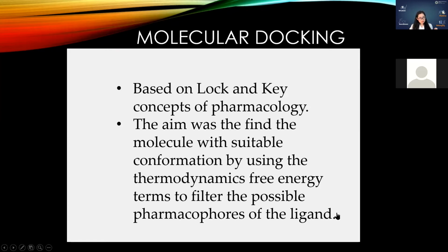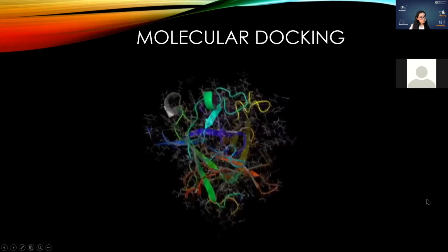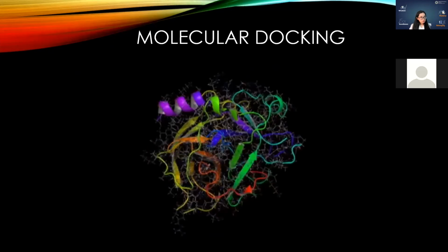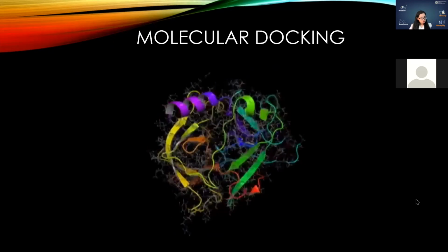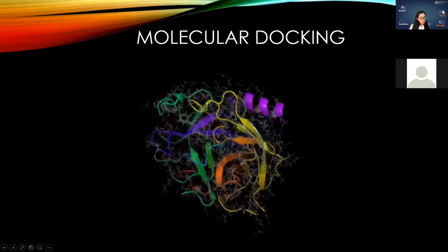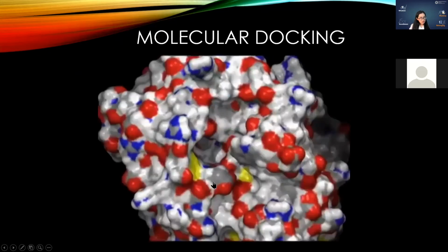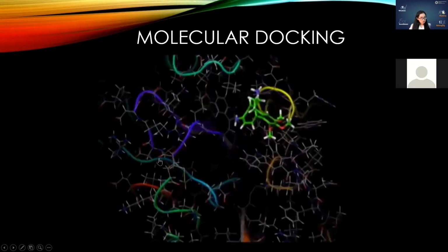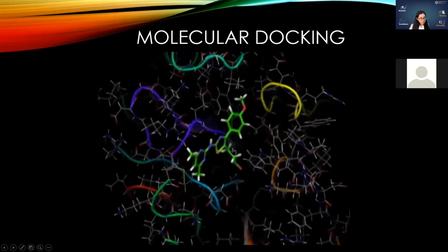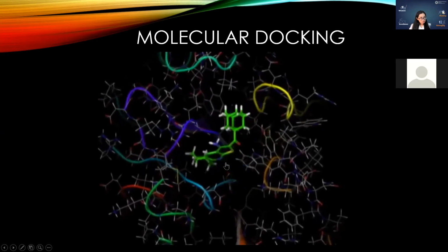So let's see the animation. So this is the schematic representation. You can see arrows have shapes and the line representation. This is the van der Waals representation, and the molecule of the ligand in green is optimized in order to find the most suitable conformation.